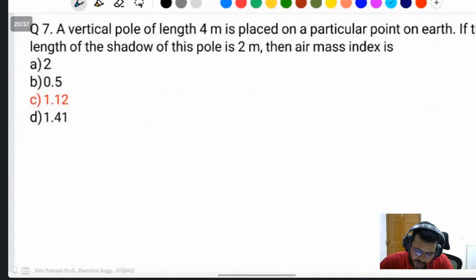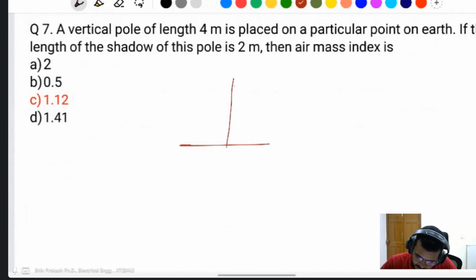A vertical pole of length 4 meter is placed on a particular point on Earth. This will be 4 meter. If the length of the shadow of this pole is 2 meter, then find the air mass index.